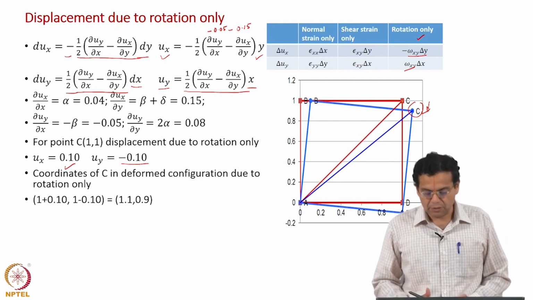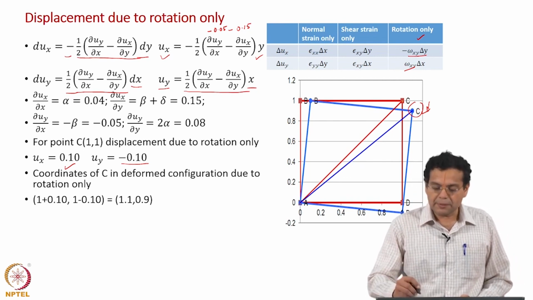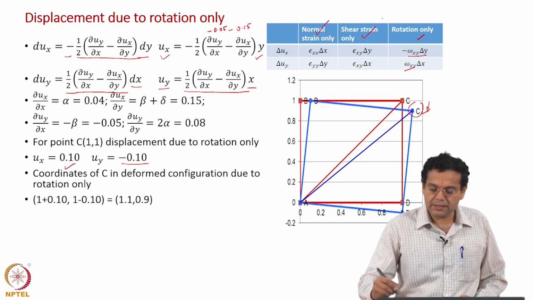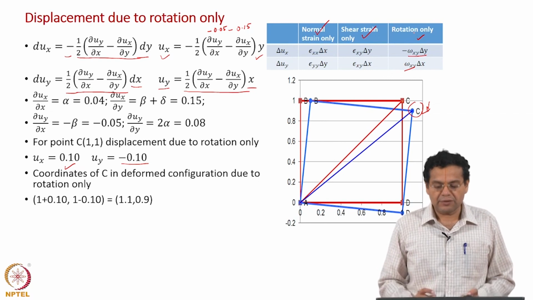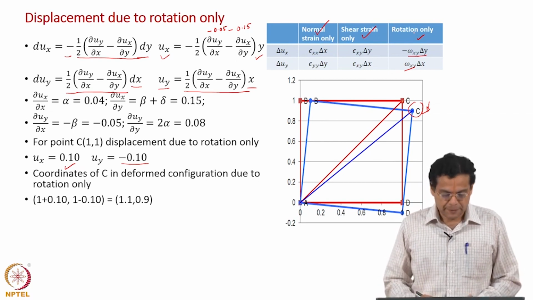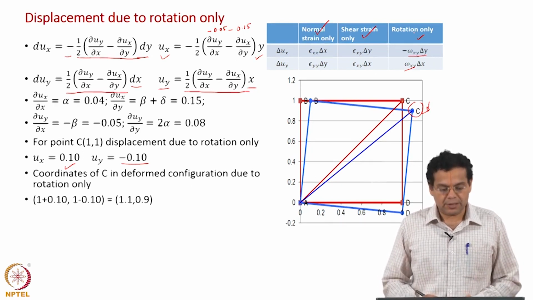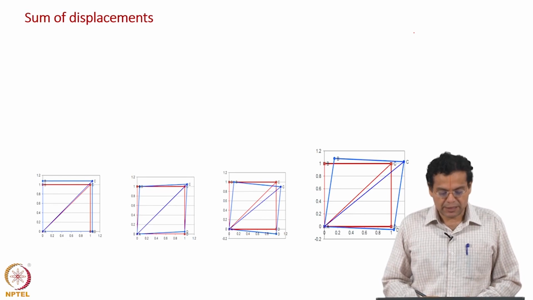So now, what is it that we have done? We have separately considered the displacement due to normal strain, shear strain and rotation. Now it is time for us to put them together and check whether we get the same as we got straight away with total displacement. So let us do that, that is what is shown here.